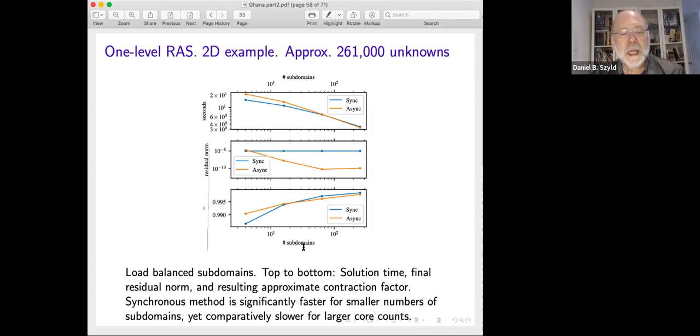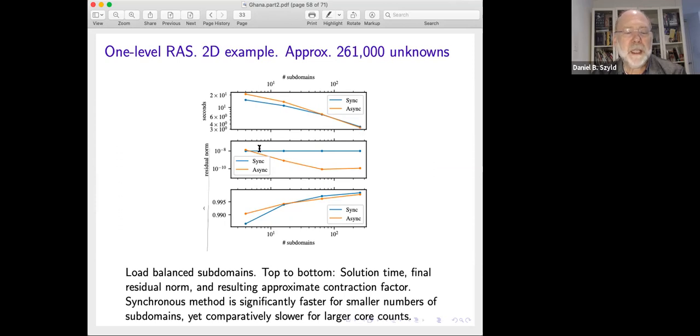And we have 3 graphs: the timing, the residual norm, and a kind of convergence factor. I don't think it's necessary to give you details. And what we change here is the number of subdomains. So the more subdomains, it gets faster, and in this example, the asynchronous is slower and it's a little faster at the end.